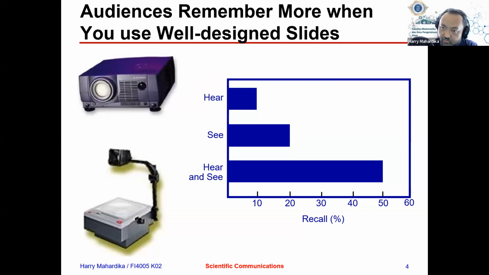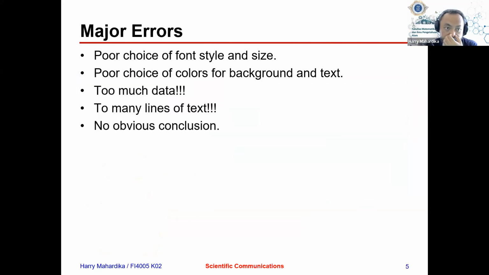So they're more focused on the slides and also your talk itself.